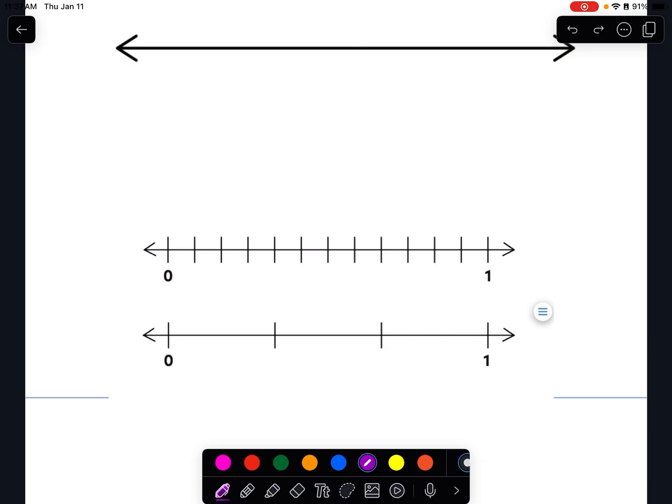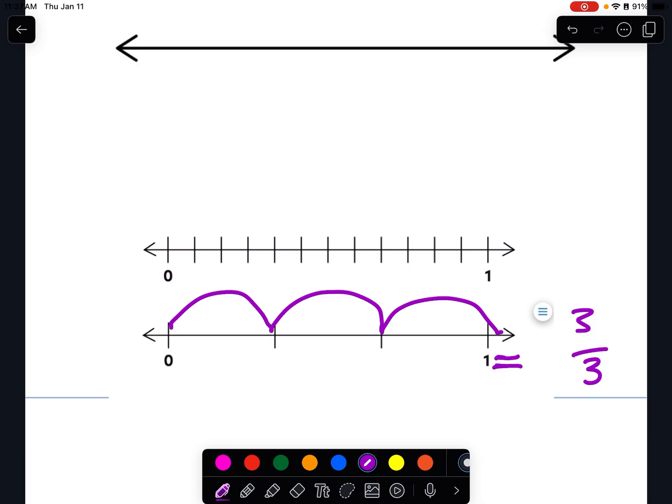Let's see. 1, 2, 3. It's divided into 3 equal parts, which means it's helpful if I keep a denominator of 3. And it means that this 1 over here actually equals 3 over 3.